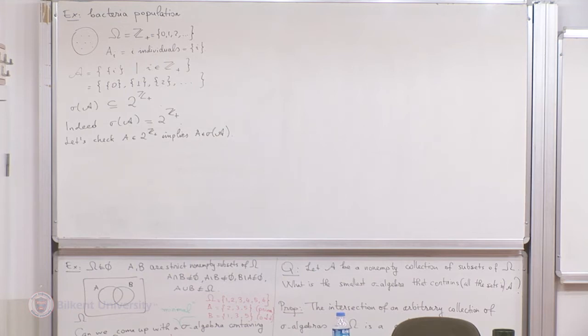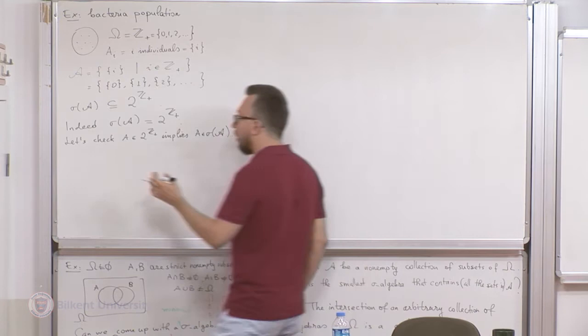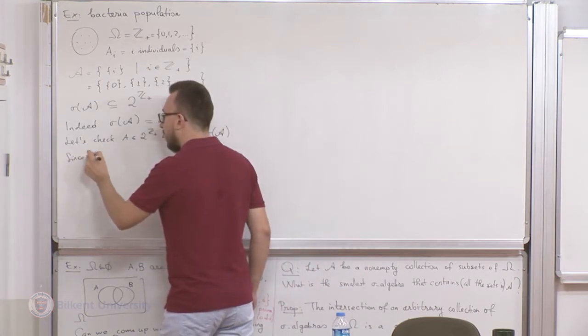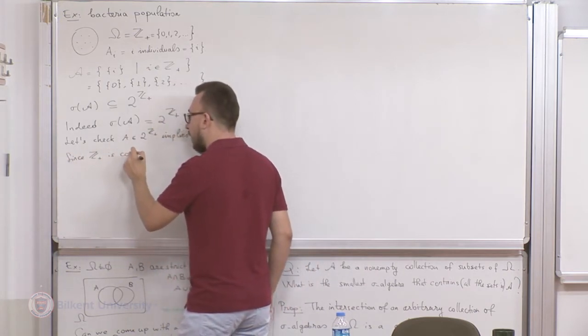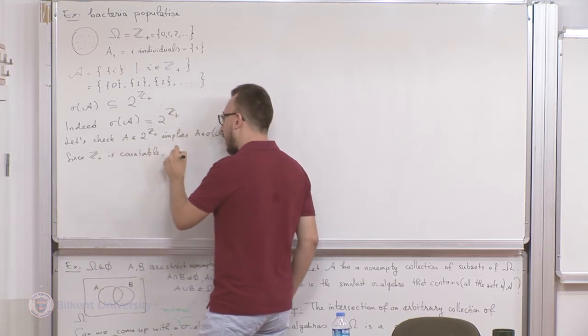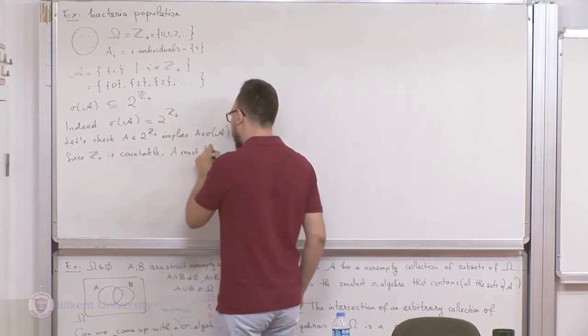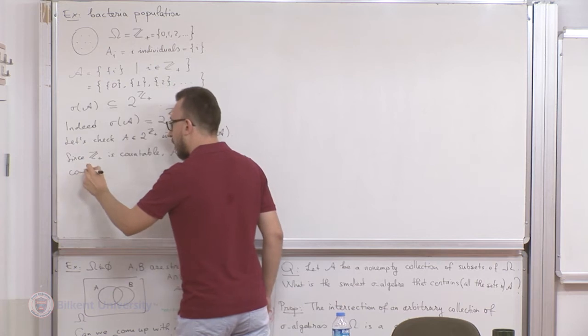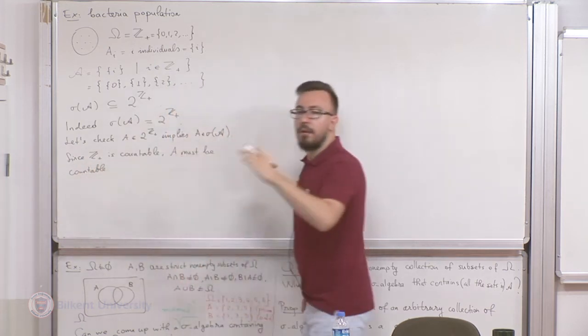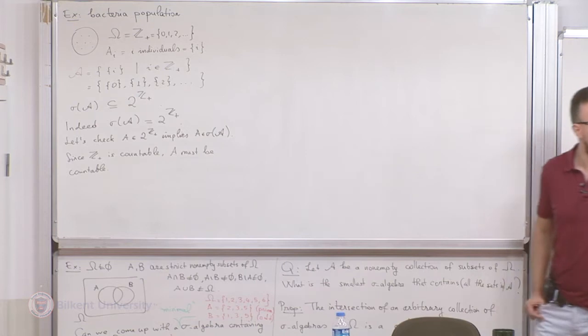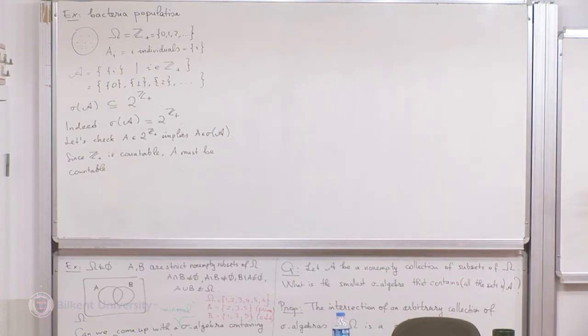What is the property of Z plus? What kind of a set is this? Z plus is a finite set? No. Countable set, right? Countably infinite set. So since Z plus is countable, A must be countable. Well, countable, finite, or countably infinite, right? Z plus is infinite, but its subset can still be finite.